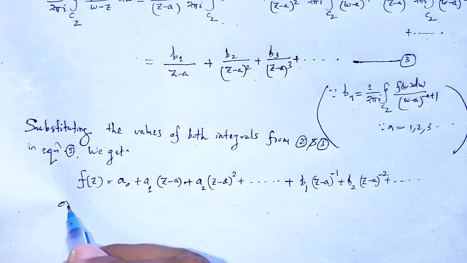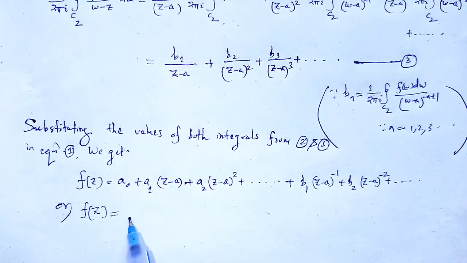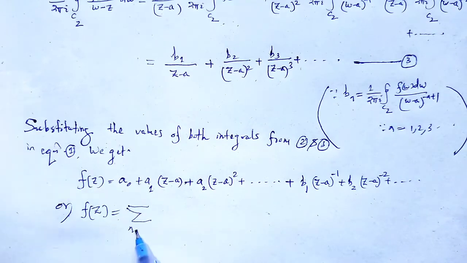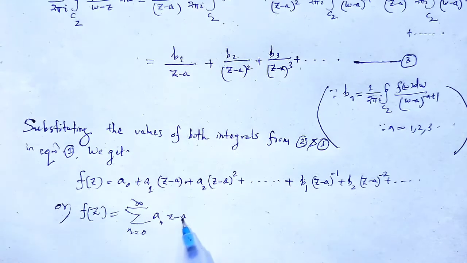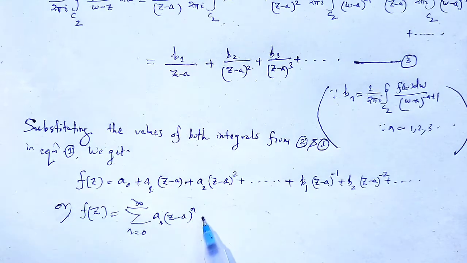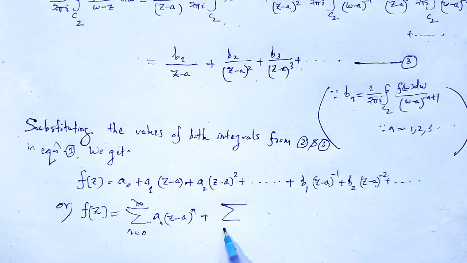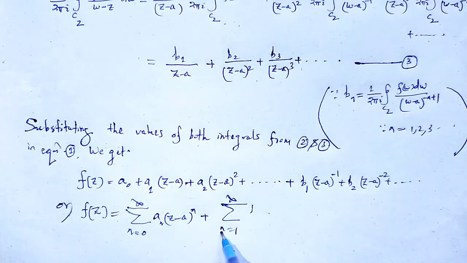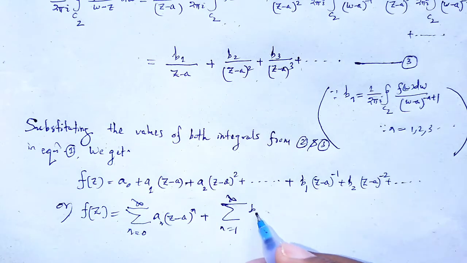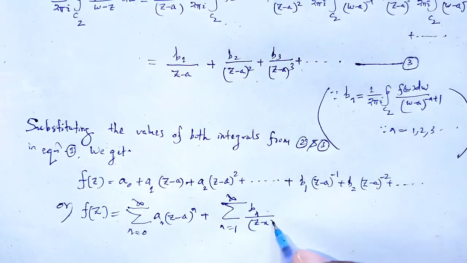In power series we represent that expression as summation over n from 0 to infinity a n (z minus a) to the power n, plus these portions are represented as summation n from 1 to infinity, b n divided by (z minus a) to the power n.